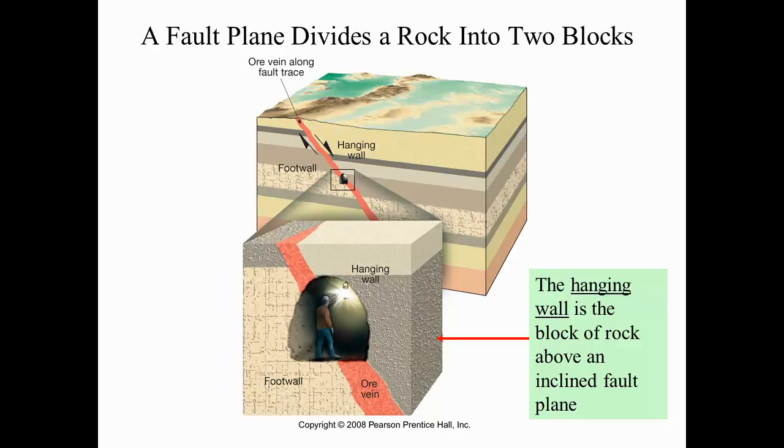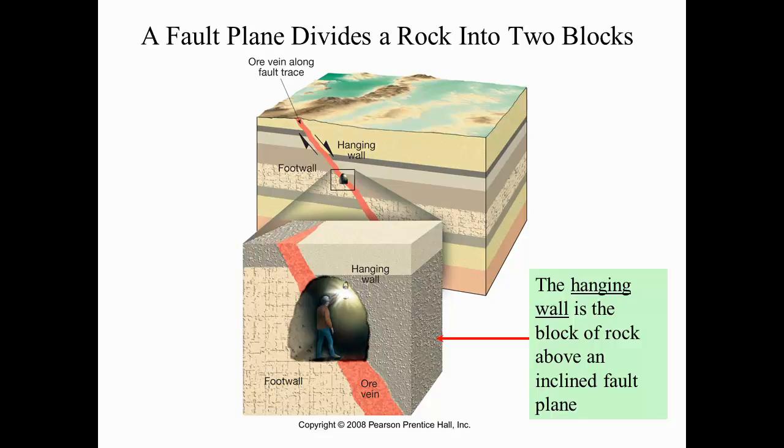In this case, the fault plane is represented by that ore vein. What happened here was that underground solutions flowed along the fault plane, and in so doing crystallized minerals, ultimately leading to an ore vein, for example, of copper or gold or so on. And in this cutaway view, we have a miner actually following that ore vein.